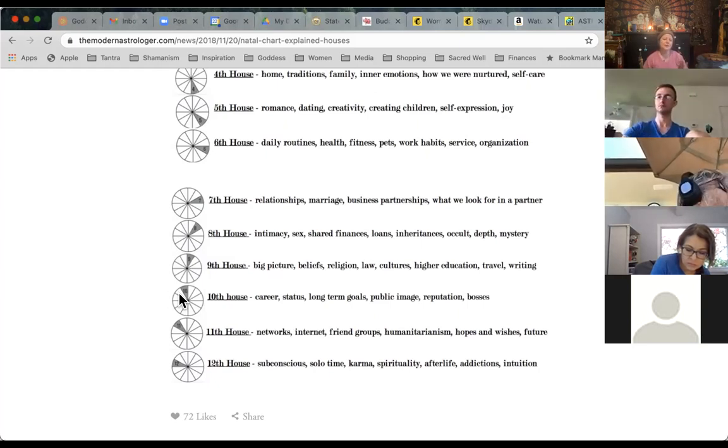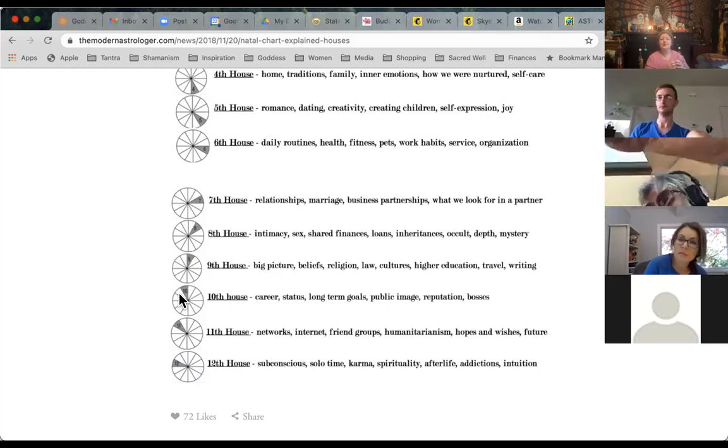So you can juxtapose the ascendant with the first house again to see, for example, if somebody has first house Aquarius, and then they have a rising sign that is something else.